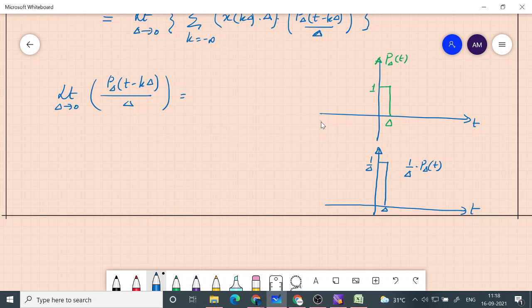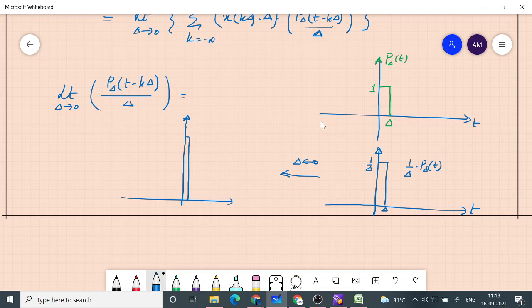Now I am taking the limit delta tends to 0. What will happen? The width will reduce. I will have something like this, right? It gets thinner and thinner, but the height is going up and up.